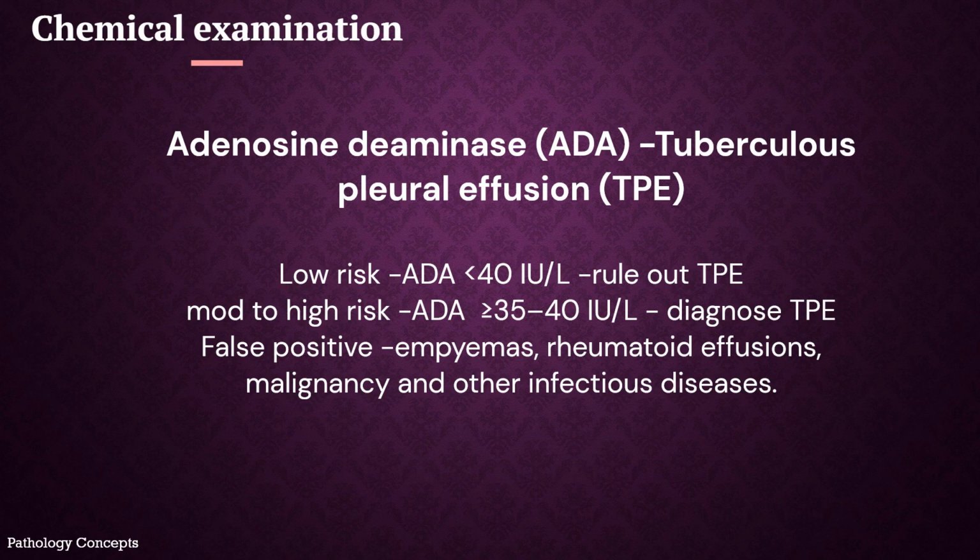In moderate to high risk populations, an ADA level of 35 to 40 international units per liter or more can be used to diagnose tuberculous pleural effusion with 92% sensitivity and 90% specificity. False positive results can be found in empyema, rheumatoid effusions, malignancy, and other infectious diseases.